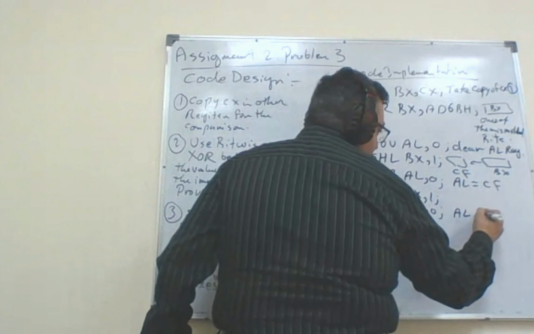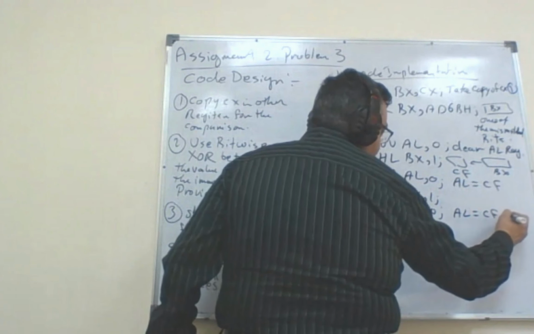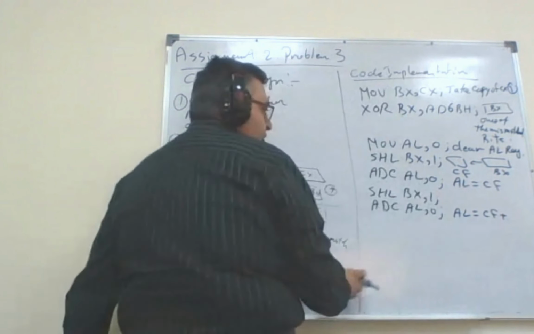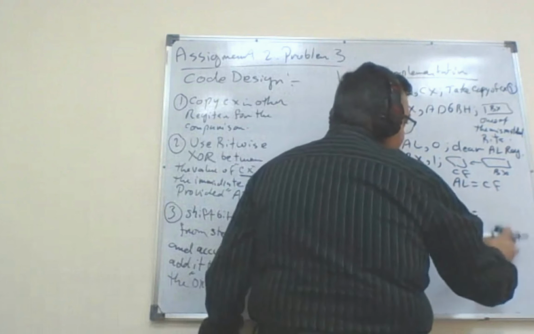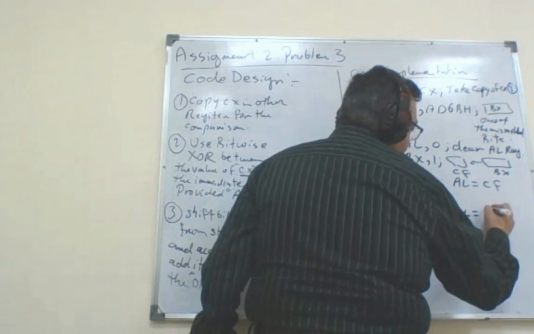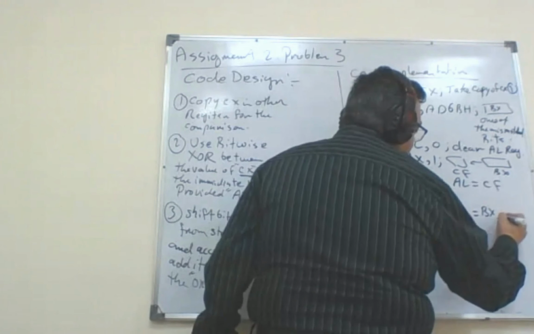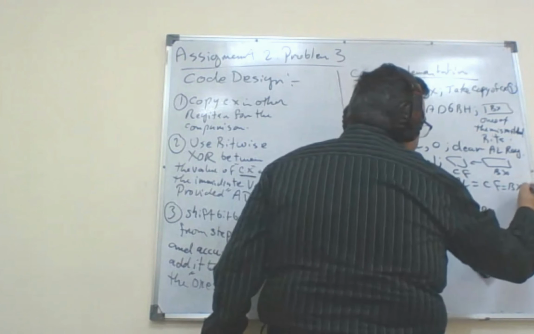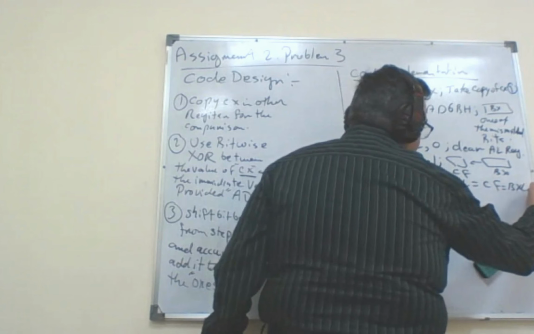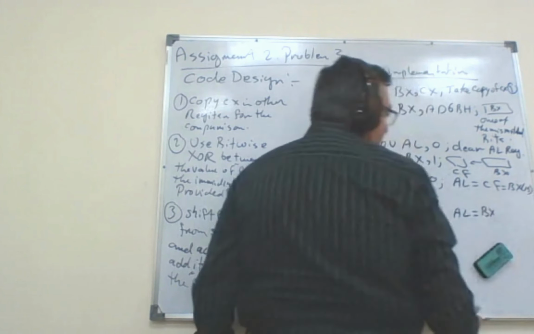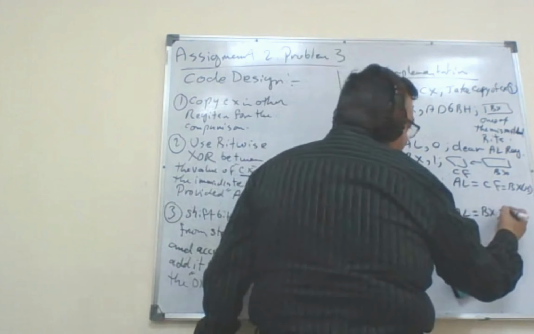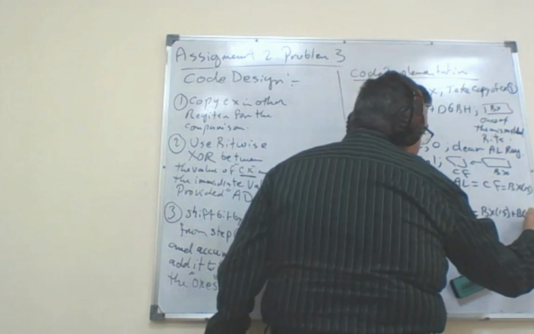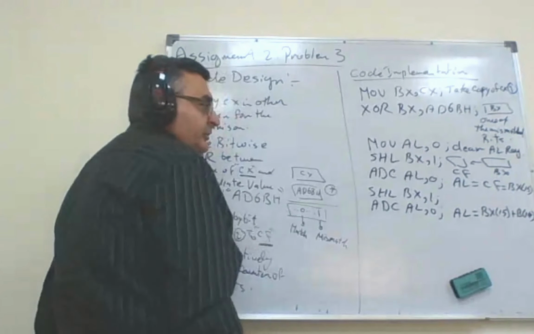Now AL equals the old CF plus the second bit, or effectively BX bit 15 plus BX bit 14 after the shift.